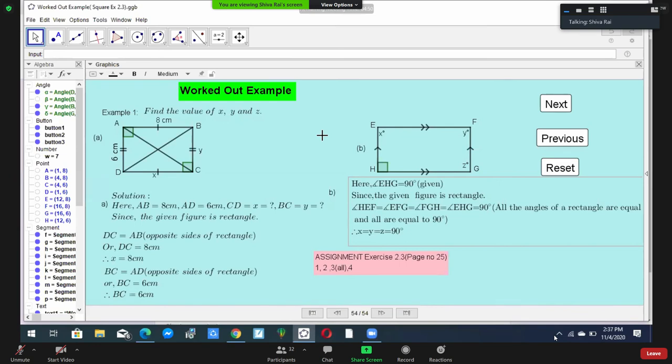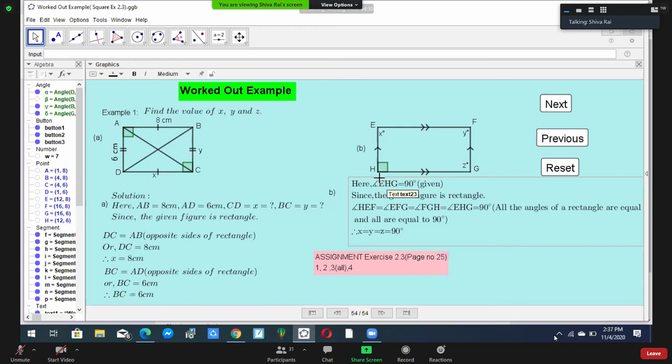So you remember the properties. You always need them in every class. If you forget these properties, you cannot solve the problem. So like this, using properties we are finding here.